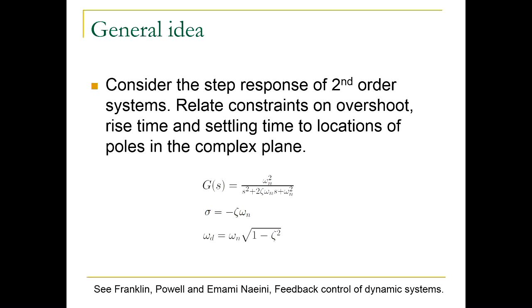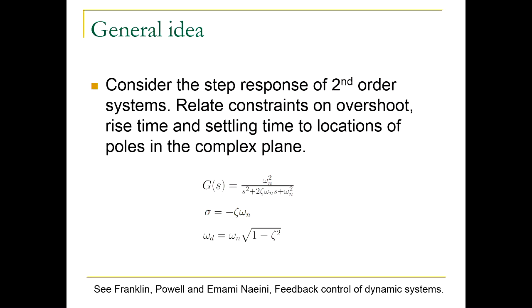Now, I remind you that if you find the poles of this specific transfer function, by the way, there are no zeros. There are only poles, right? So if you find poles of this transfer function, the real part of poles is given by this formula, where zeta is the damping and omega n is the natural frequency, and the damped frequency or imaginary part of the poles is given by this omega d.